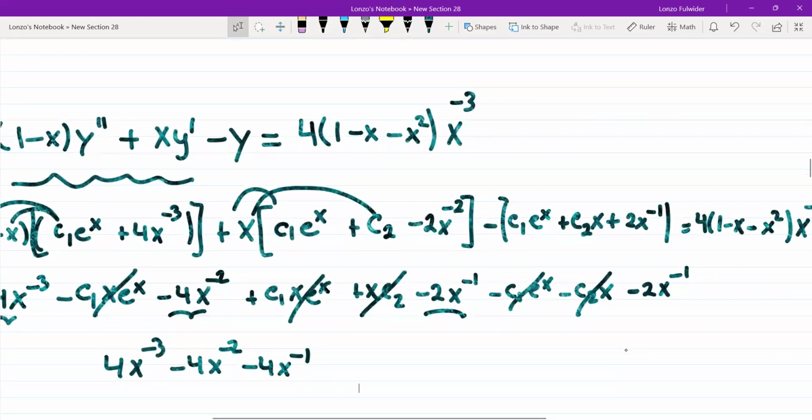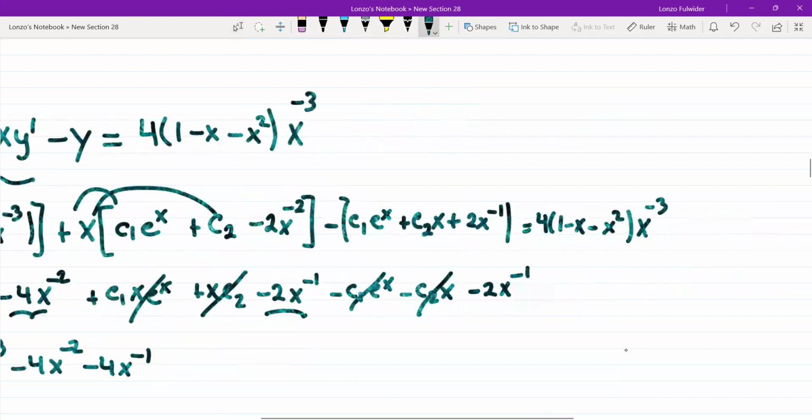And then on the right side, I forgot to FOIL this out. If you FOIL this out, this would be 4x to the negative 3 times 1 minus x squared.